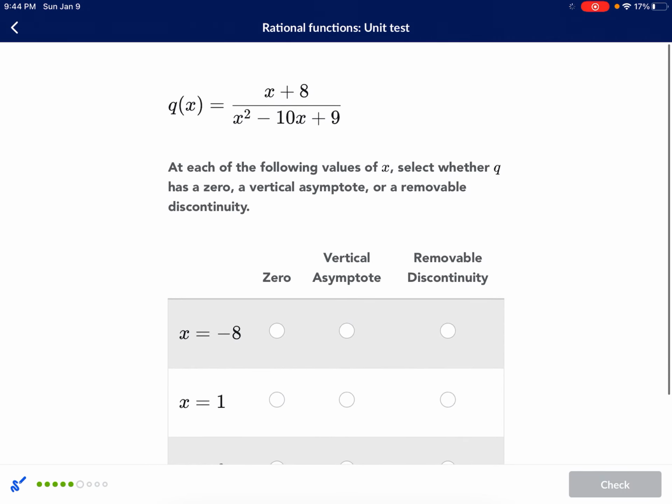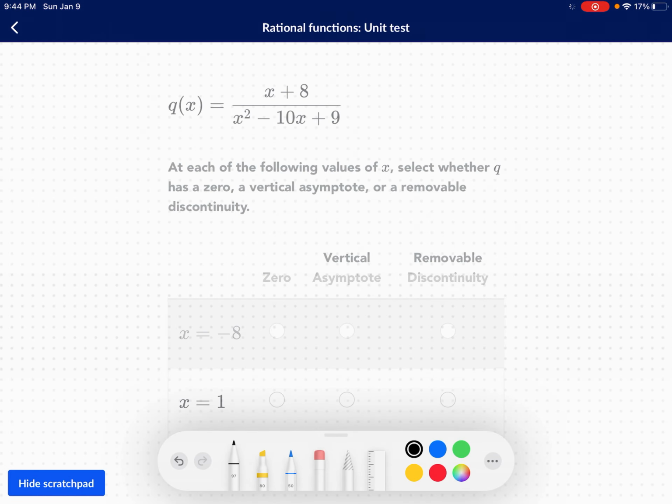Okay, for each of these, select whether the function has a zero, vertical asymptote, or removable discontinuity. So I'll factor the bottom first, x plus 8, and then what two factors, x minus 9 and x minus 1, right? Because negative 9 times negative 1 is 9, and negative 9 plus negative 1 is negative 10.